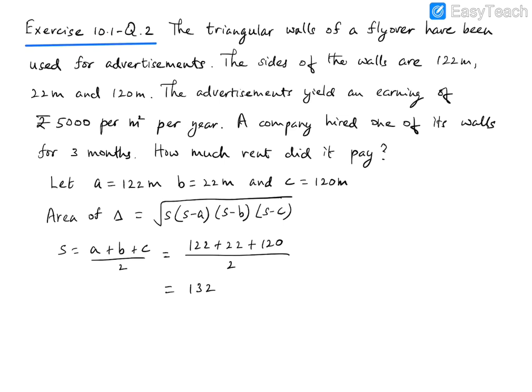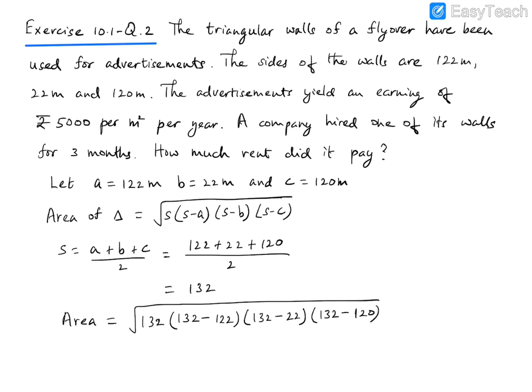Now we can substitute this in the expression for the Heron's formula to get the area. So I'll just write it as area equals S into S minus A. So S is 132 into S minus A is 132 minus 122, into S minus B is 132 minus 22, into S minus C is 132 minus the value of C, which is 120, and we have all of these under the root.